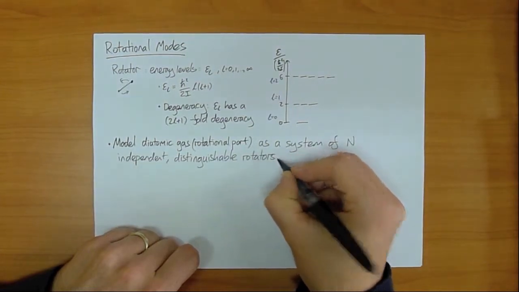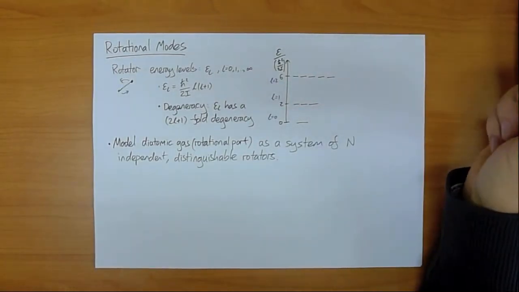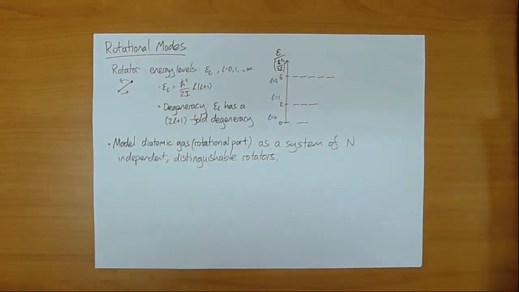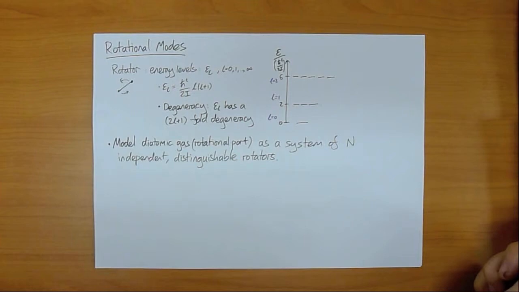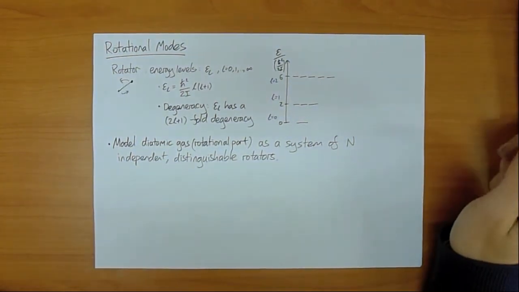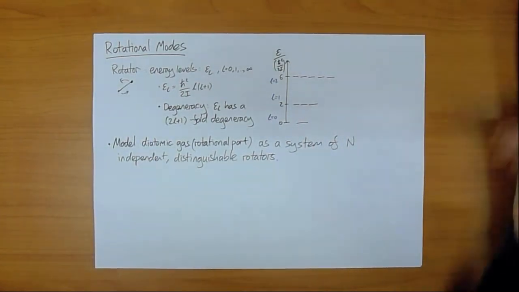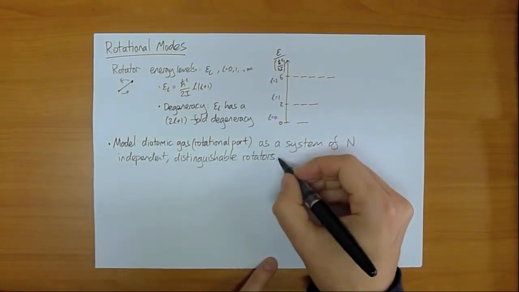So each molecule is a rotator. We assume they're independent. That's a pretty good assumption. And we assume that they're distinguishable, which is okay because we've already taken account of the indistinguishability in the translational part of the wave function. In other words, these rotators can actually be distinguished because they are all in different translational modes of energy.